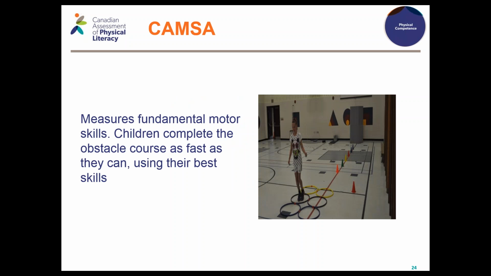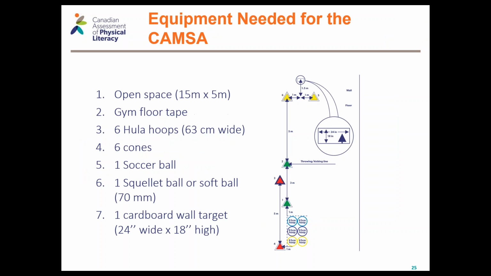I'm going to go through it briefly here today, but if you want to learn more about CAMSA, you can tune into our next webinar, which is going to be November 4th at 1 p.m. We'll go more in depth on what the obstacle course, or CAMSA, is. For today, I'll overview it quickly.